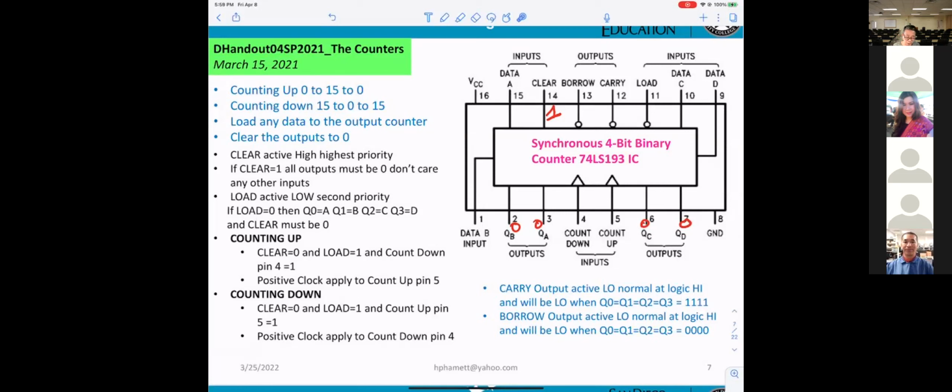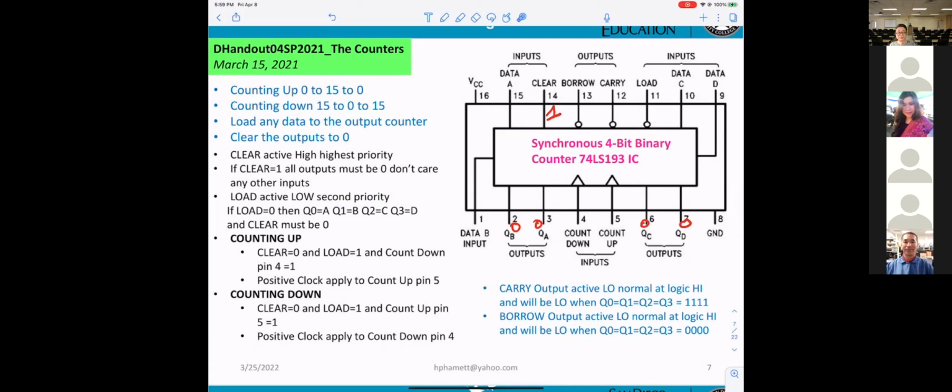Now, load. You see the second one. Load will be active low. This is the load right here. I know it's active low because I see the bubble right here. That means 0 loads, 1 is not loaded. So see what they say. This is the second priority.